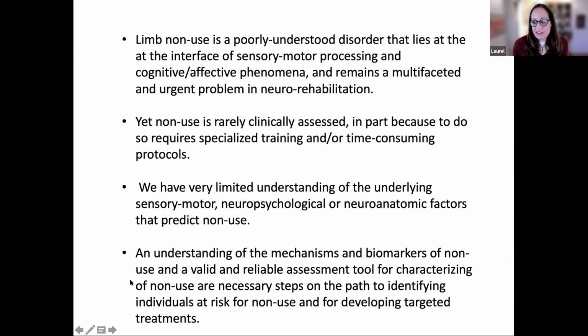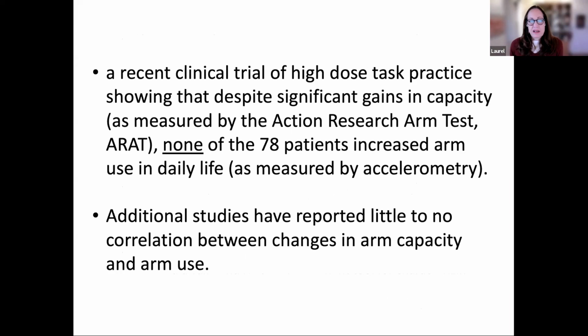We believe that we need to understand the mechanisms and the biomarkers. What are the background measures and assessments, and also the neuroanatomic substrates of this non-use, in order to characterize people at risk for it and to develop targeted treatments. That's the philosophical and theoretical framework for the work.